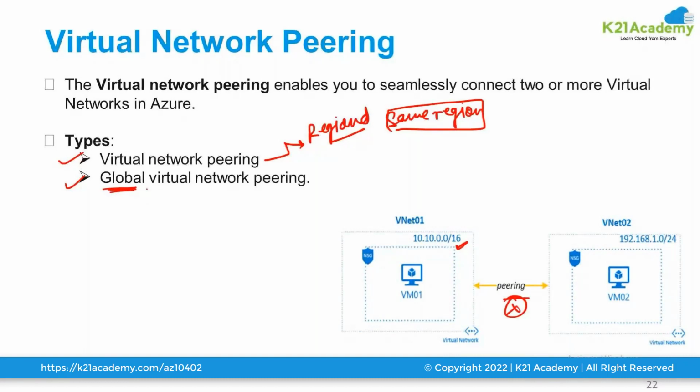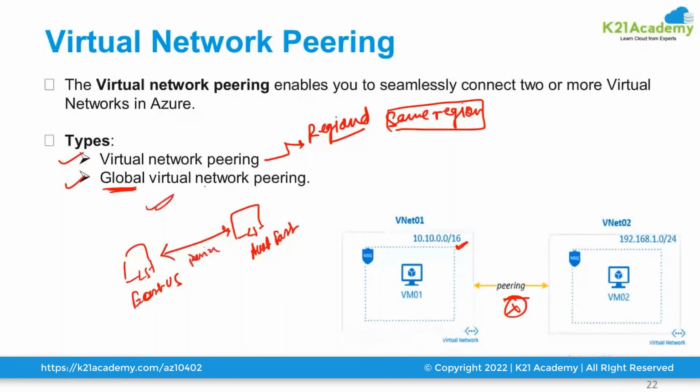Global virtual network peering means this particular virtual network is in East US, and another virtual network is in, let's say, Australia East, right? And when you are connecting these two virtual networks by using peering, then that is called global virtual network peering. All right. So these are two different kinds of virtual network peering.